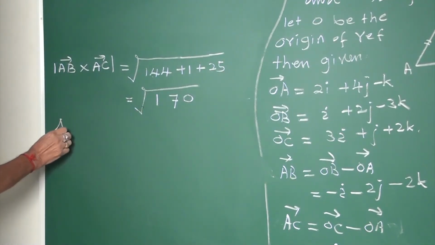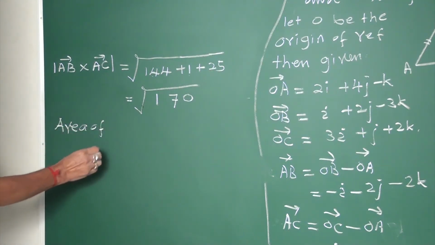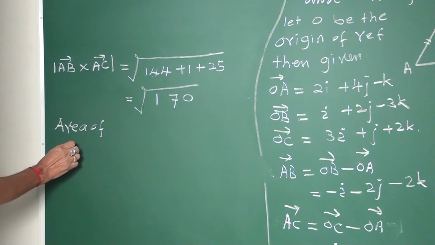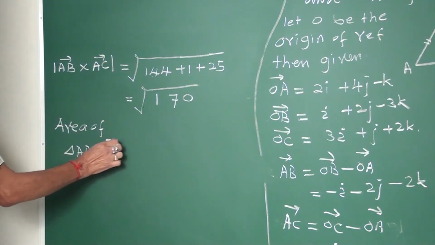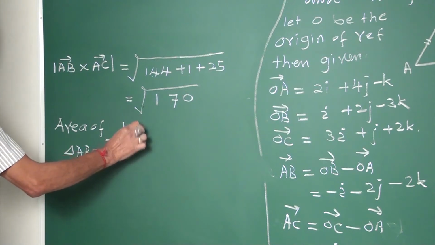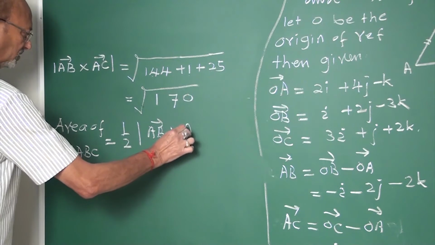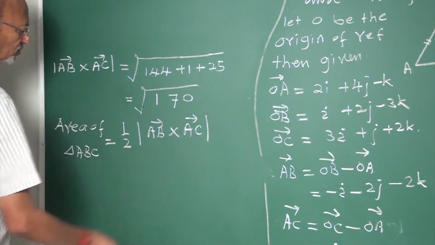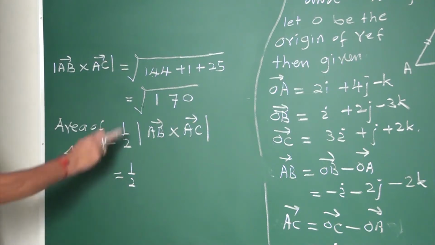Therefore, area of the triangle ABC is half the magnitude of AB cross AC. It is AB cross AC, which is half into, what is this?